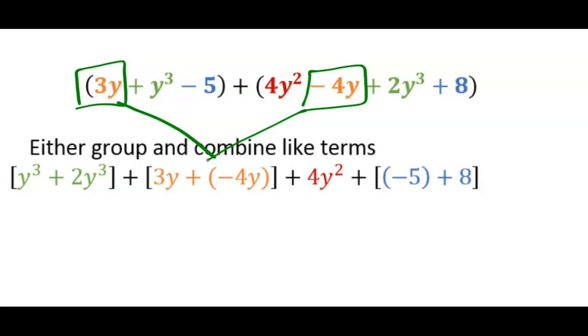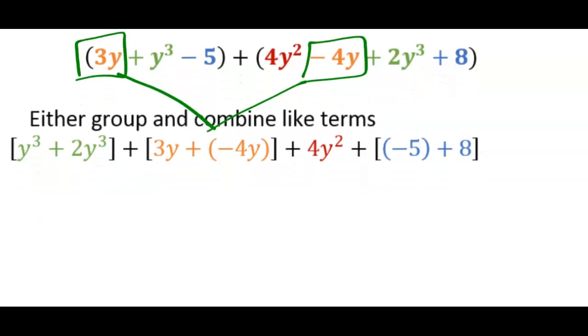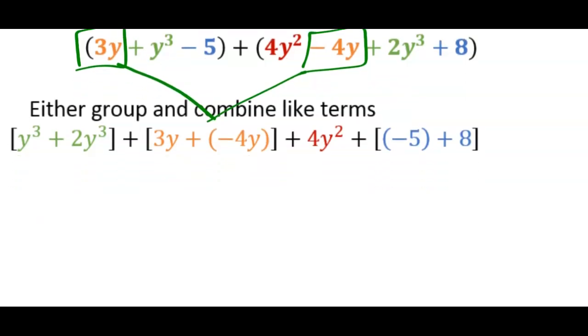We kind of do that naturally when we do the shape around it. Okay, so what would I get here? 1y cubed plus 2y cubed would give me 3y cubed, right? And then here, my 3y plus my negative 4y, which comes from this up here, that would give me what?